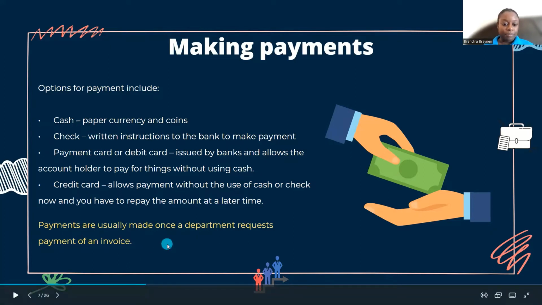It all depends on the system or the setup or the way that the accounts department works, because it varies in each department. And so, like it says, payments are usually made once the department actually requests payment for an invoice. We make payments on things that we've actually received, things that we've received a service for. So if somebody sends me an invoice and they ask me to pay it, in the accounts department, I'm responsible for making sure that this is something that I'm actually supposed to pay.